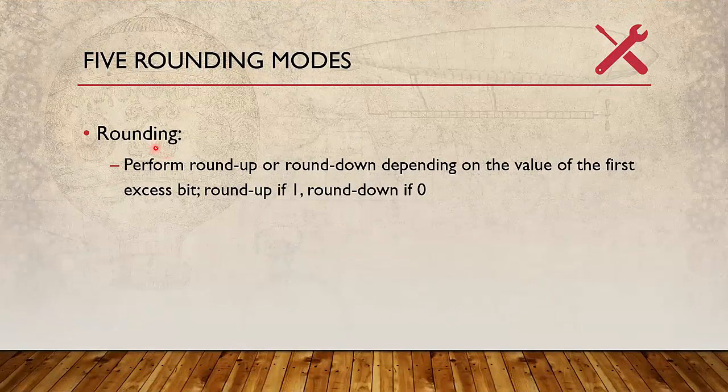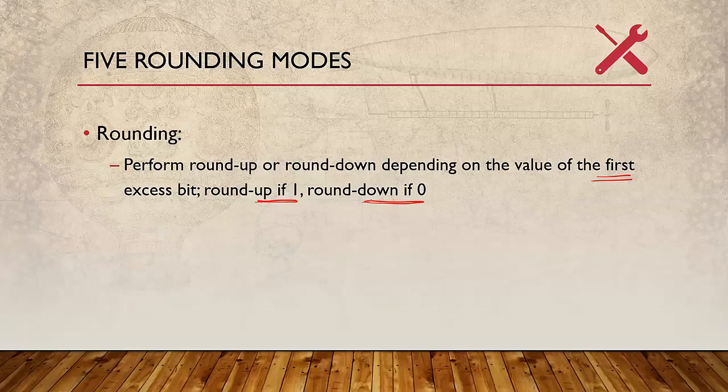The fourth one is what we call rounding, either going up or down. What we do is we look at the first excess bit. Later we will see what an excess bit is. The 3 excess bits that we keep according to the IEEE standard. We look at this first excess bit, we do round up if it is 1, we do round down if it is 0.